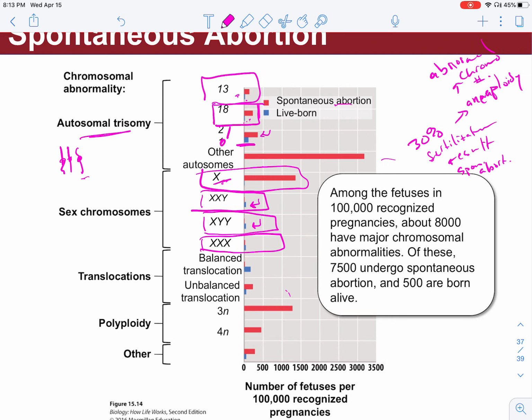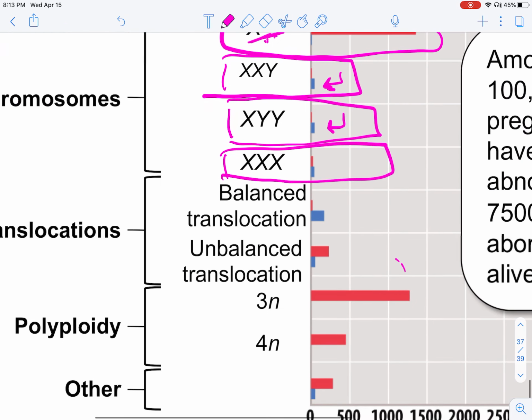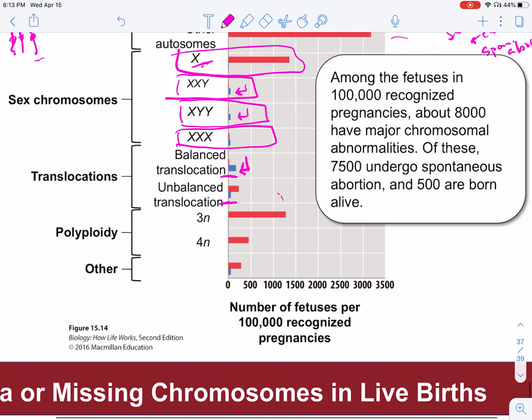And then there are translocations, which are chunks of chromosomes that move from one place to another. If they're balanced, meaning you don't lose any genetic information, many of those are live born. Unbalanced translocations, which cause a loss of genetic information, don't work out very well. And then we can't tolerate polyploidies at all, which are duplications of the entire chromosomal set.